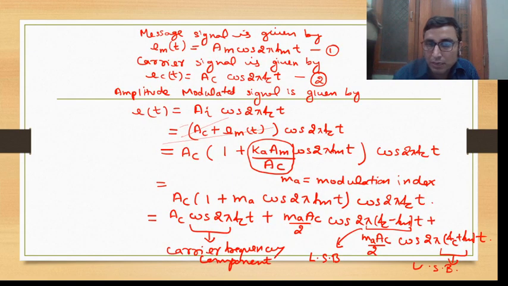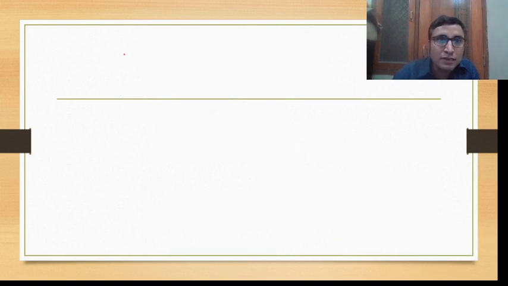We want to analyze the amplitude modulated wave in the frequency domain also. So when we take the Fourier transform of this equation, we convert this amplitude modulated wave from time domain to frequency domain.